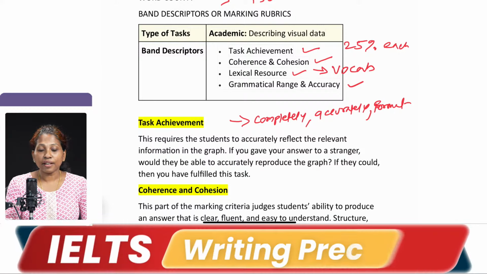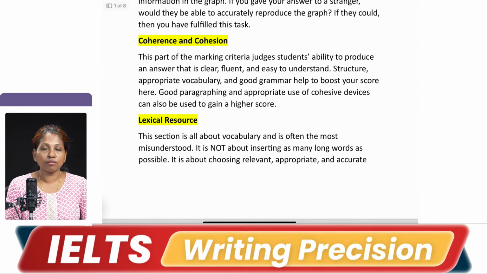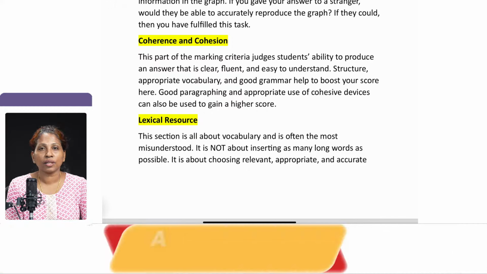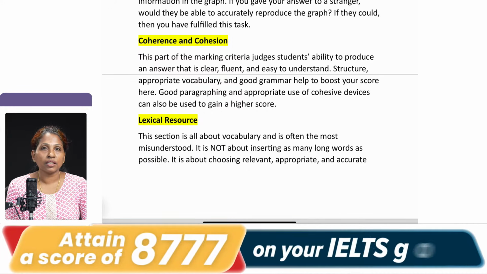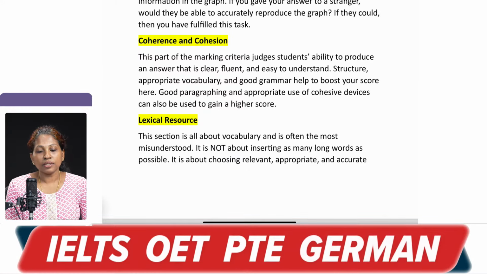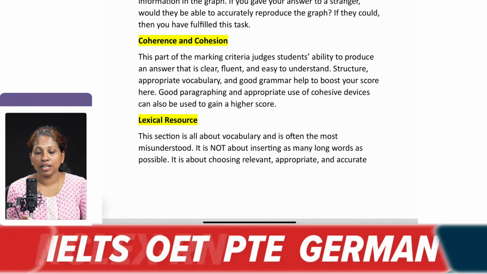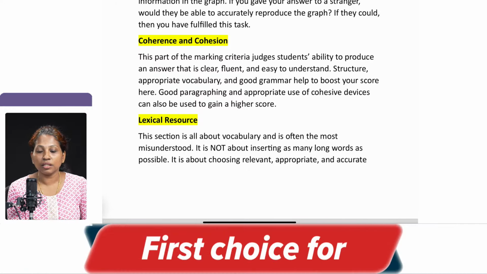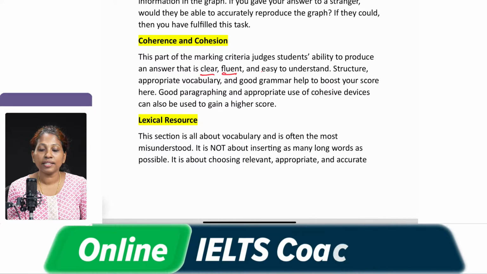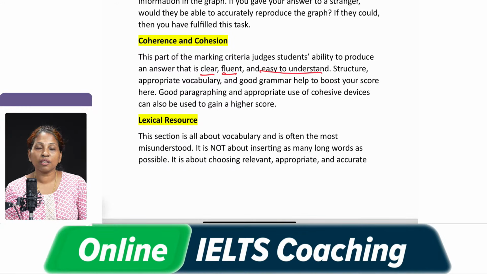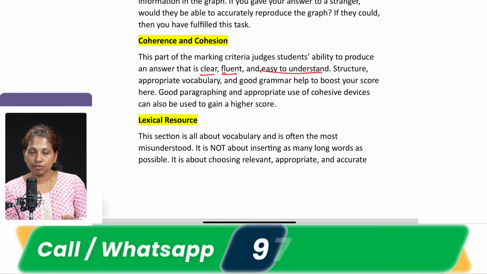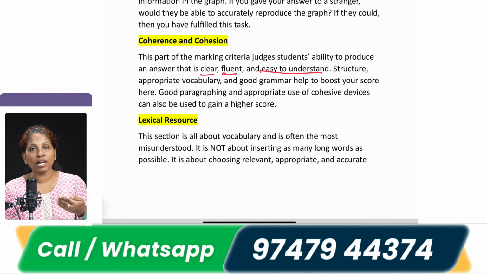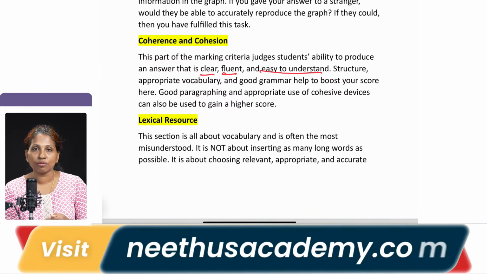Right? Then comes coherence and cohesion. This term you must have heard a lot of times if you are familiar with writing, because it is a part of task 2 also. Coherence is wherein they are checking how you are able to present your data in a systematic manner, clear, fluent, and easy to understand. That means when you write the data paragraph-wise, the reader is able to understand the information easily because of the systematic flow of the information.